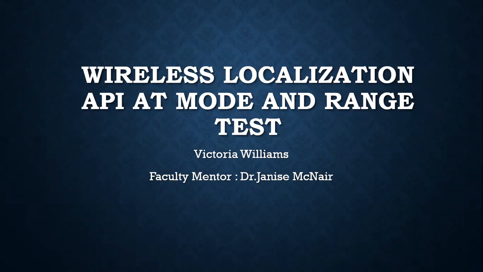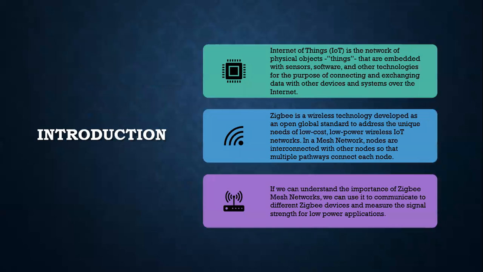I'll be going over the importance of the different modes that are used in the Zigbee and how I'm able to use a range test to discover how far away the Zigbees are able to communicate with each other, creating a very powerful performance. And this will just be a very quick video of this.